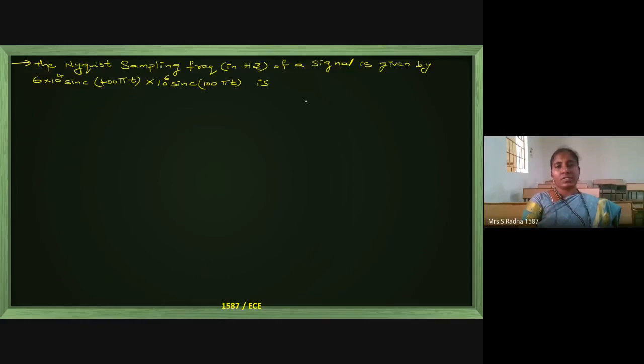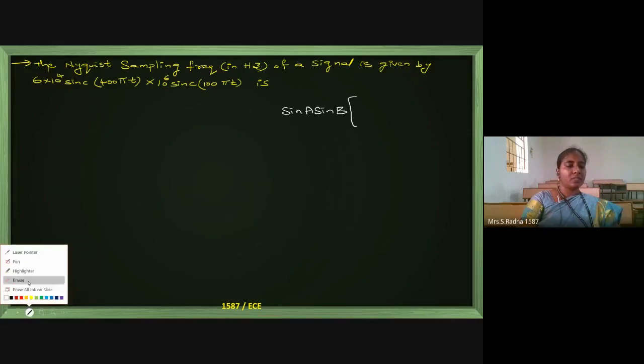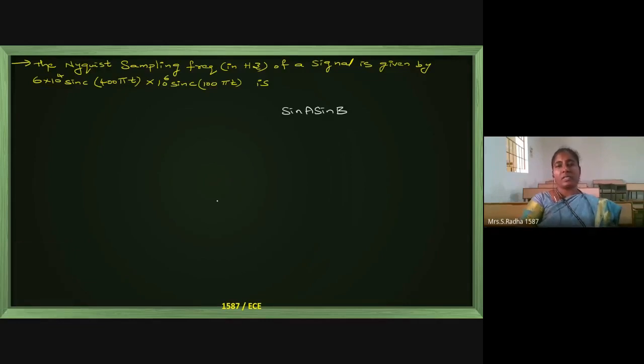So this is of the form sin A into sin B, which can be written as cos A plus B minus cos A minus B, something like that. We have all these formulas from class 12, where we came across sin A into sin B, sin A into cos B, cos A into cos B. We have a rough idea that there will be two terms.